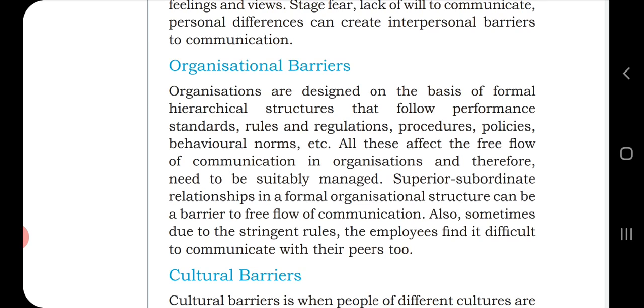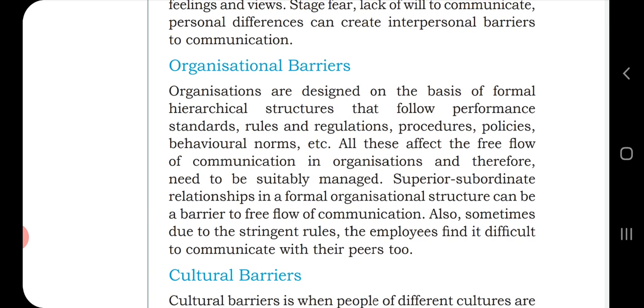Okay. So any organization is designed with a formal structure, and in that there is a hierarchy. What is hierarchy? Hierarchy means somebody is at the top position who is managing the whole organization. It can be a single person, a group of people, a board of directors, or a managing director.